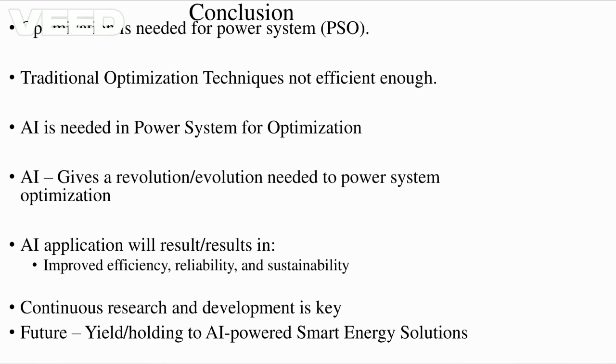Of course, continued innovation and research is key. If we look at the future, when it comes to smart energy networks and solutions, AI powered smart energy solutions will hold power. The application of artificial intelligence in power system optimization will give us three key areas: improved efficiency, reliability, and sustainability for our power system.